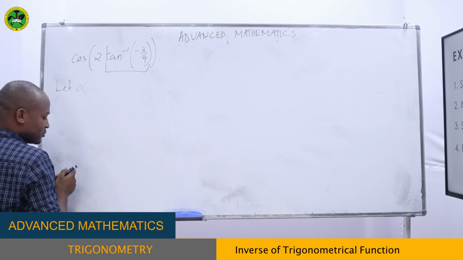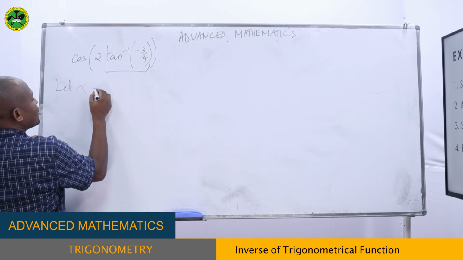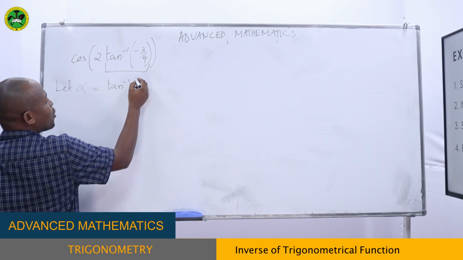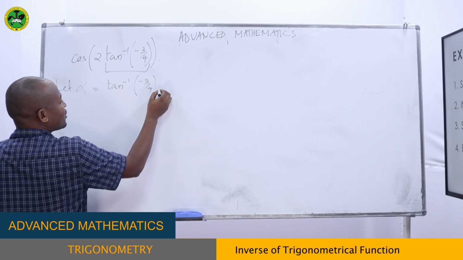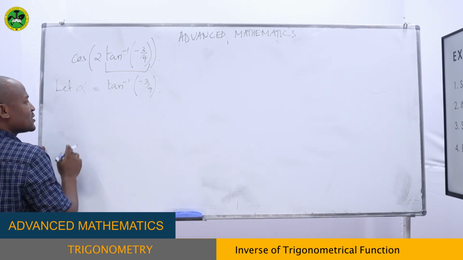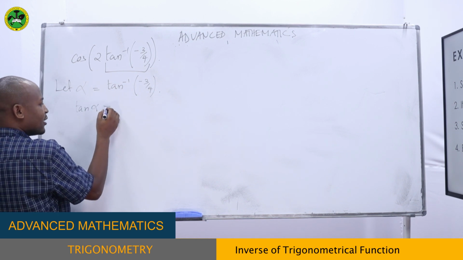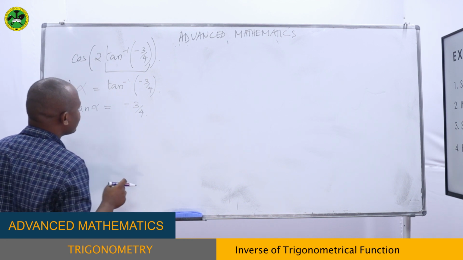Let alpha equal tan inverse of negative 3/4. That is to say, tan of alpha is equal to negative 3/4.